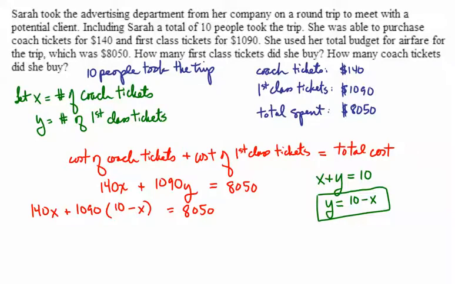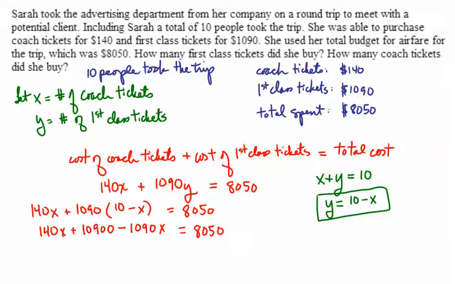Now I have one equation with one unknown, and this can be solved. So I'm going to use my algebraic process here. I'm going to distribute the 1090 times 10. That's just going to give me an extra 0 at the end there. And then minus 1090x, and that's going to equal 8050.